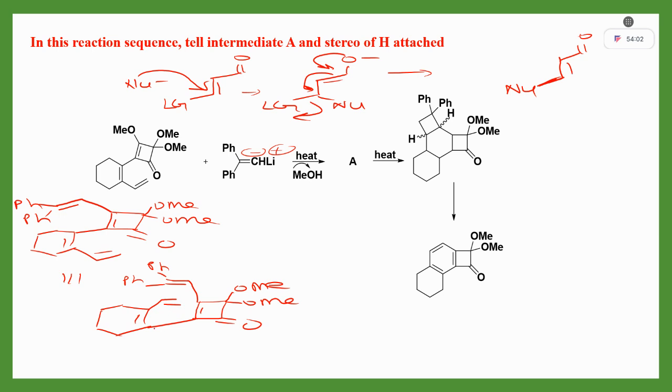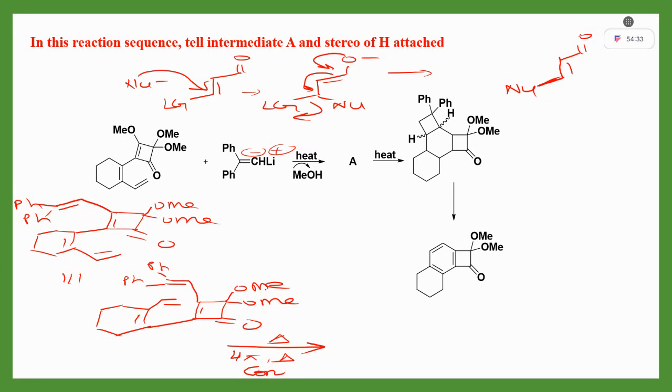Like this. Now you can see 1, 2, 3, 4. These 4 pi bonds are in conjugation with each other, and heating condition is there. So this will be your 4 pi under heating condition. It undergoes conrotation or disrotation. It undergoes conrotation.